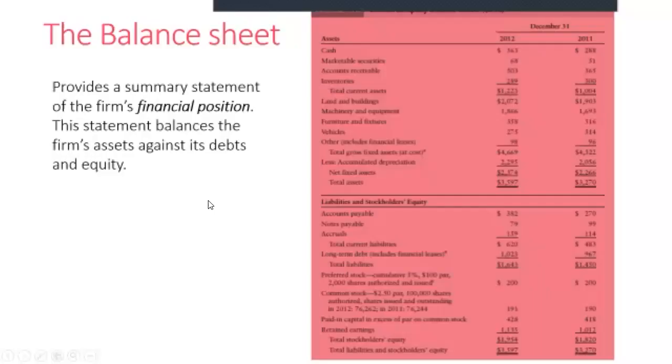And we have the balance sheet, a statement of financial position. Now it's a summary statement of the firm's financial position. So sometimes they call it the statement of financial position. It really includes the assets and the liabilities and the debts. It tells you how these assets have been financed. If you remember the accounting equation, it says assets equal liabilities plus capital, right?